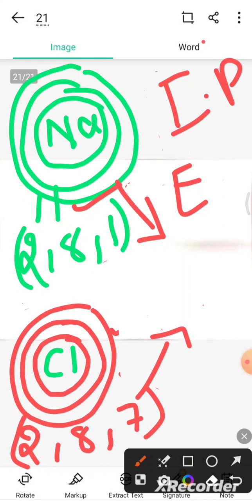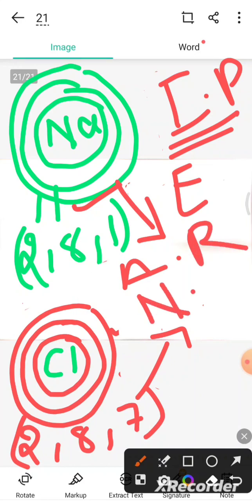And for ionization potential also we have to see these two terms, atomic radius and nuclear charge. I have told you where the atomic radius is more and where it is less. Here the atomic radius is more and here it is less, because here the nuclear charge is less and here the nuclear charge is more. We are comparing these two atoms only. So where will the ionization potential be more?